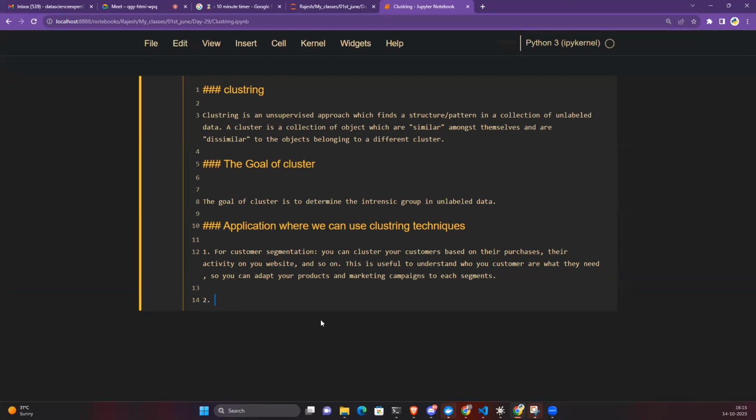Number two problem is what kind of problem we can solve with data analysis. Data analysis is nothing but analyzing a new data set.